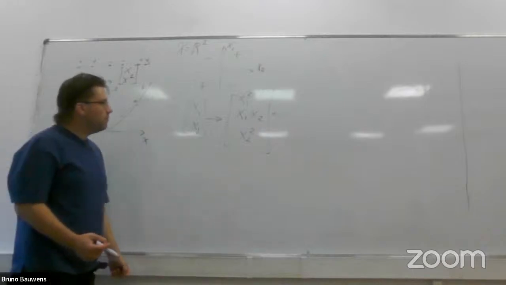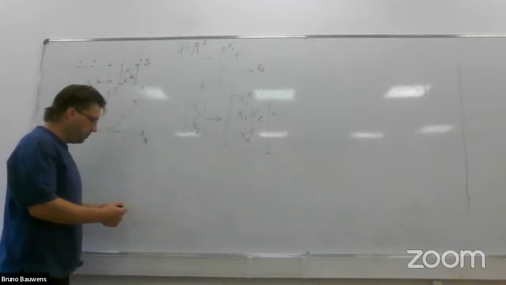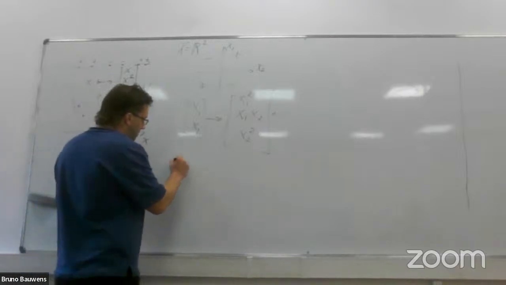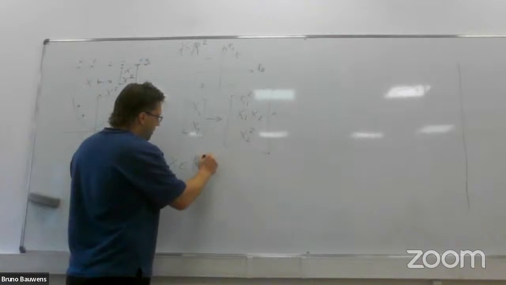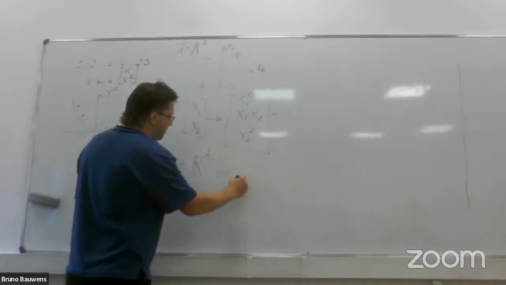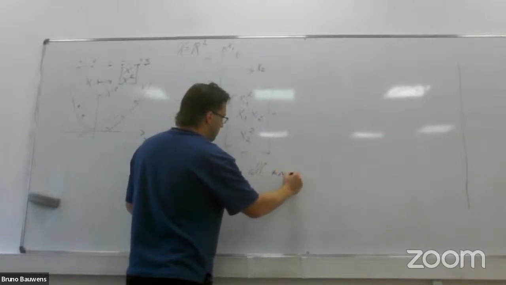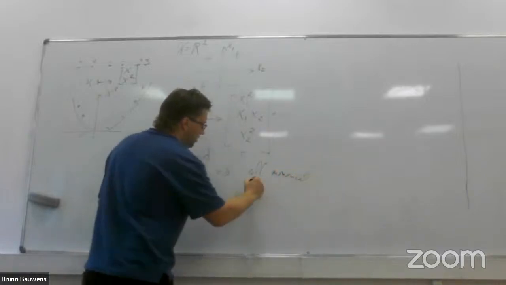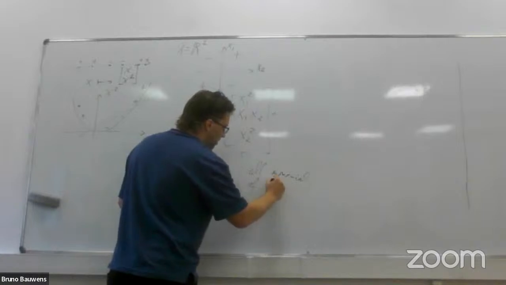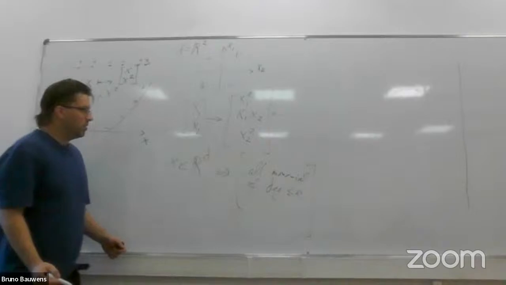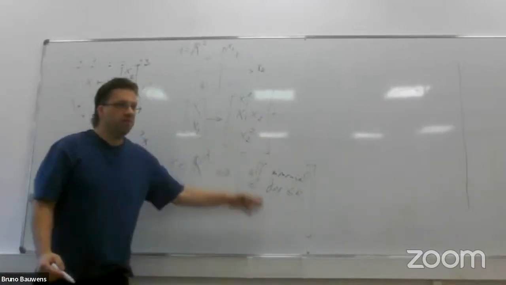So what people do in general is map a vector x in Rd to a vector consisting of all monomials of degree at most some e. But the problem is that this is a huge feature vector.